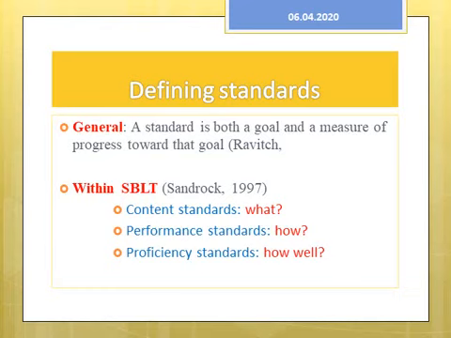Performance standards describe how students will show that they have achieved the content standards. Is it through speaking activities, writing activities, listening activities, or reading activities, for example? Proficiency standards provide criteria for evaluating how well a learner has achieved the content standards.